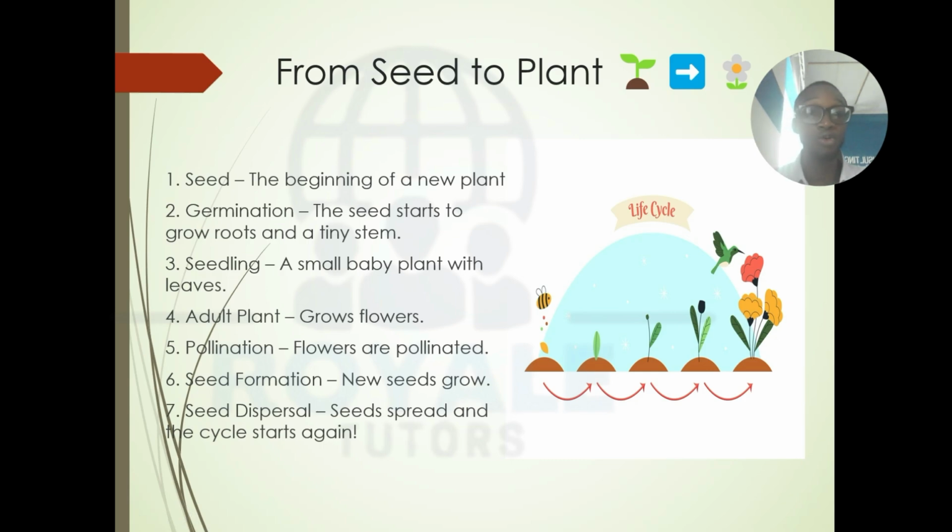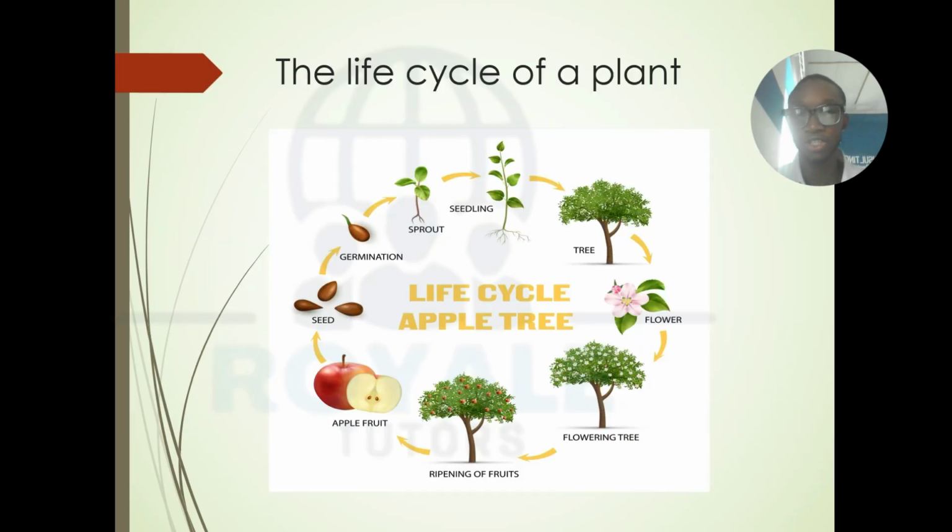It doesn't even know it's carrying the seeds with it. So, what happens again? The seeds spread and the cycle starts again. So, again, the seeds fall somewhere, begin to look for how to survive, get nutrients, become a plant, and continue just like that. So, for example, this is the life cycle of a plant.